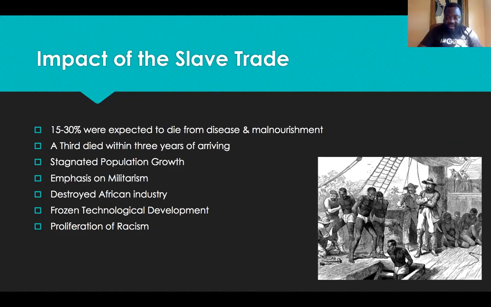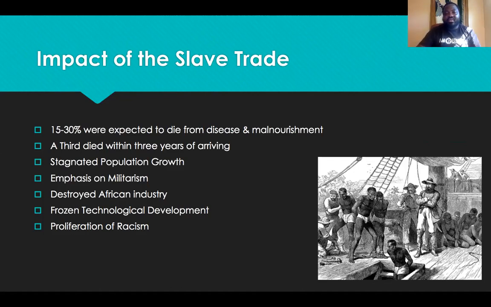The only commodities that the Europeans were now buying from them were enslaved people, which made the leaders very militaristic, and something that many communities to this day still haven't recovered from. So there's this emphasis on militarism, where the only viable way of doing business was through militarization.